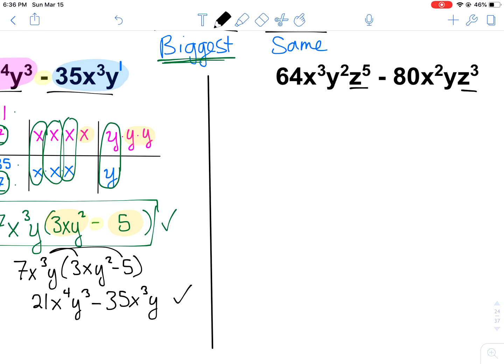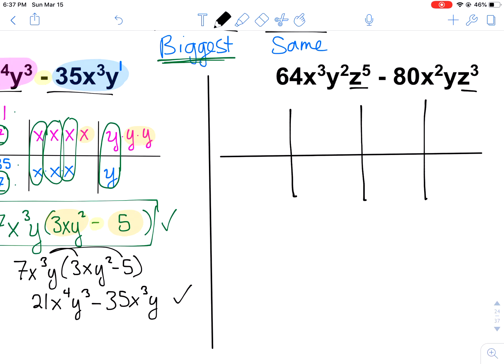So that just means when we draw our table, we're going to need to have an extra spot for our z's to be looked at as well. But it still starts the same. We're going to look at this first term here.